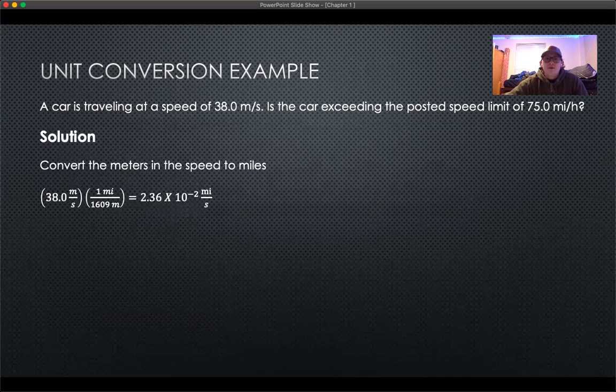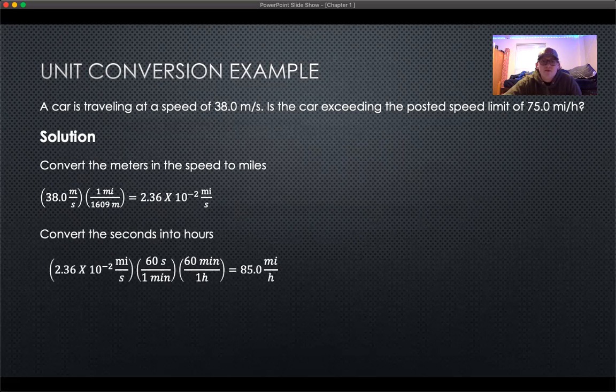Here's the solution. First, you will convert the meters in the speed to miles. So you have 38.0 meters per second, and your ratio for 1 mile is equivalent to 1,609 meters. Those meters on the bottom cancel, so you are left with 2.36 times 10 to the negative 2 miles per second. But that's not the answer that we need. We need to convert those seconds into hours.